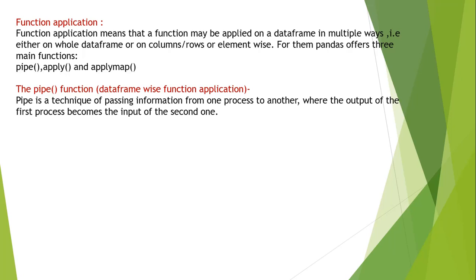Maybe you are applying four or five functions. The series will go on in a similar way. The first one will produce an output that will be taken as the input for the second one, the second one will produce an output that will be taken as the input for the third one, and sequentially the operation will move further.